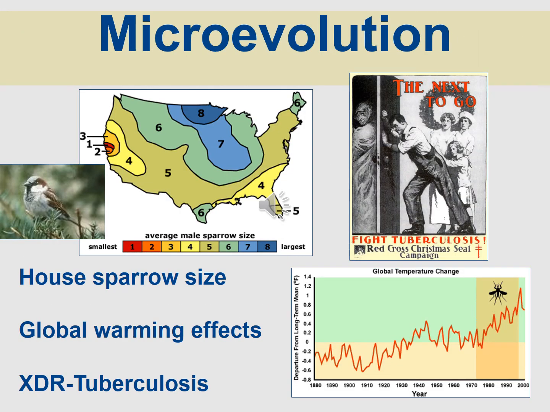Let's give some examples. So microevolutionary processes, a few classic examples, and these are courtesy of a website through California, Berkeley. Look at the house sparrow size for males across the United States here on a map.